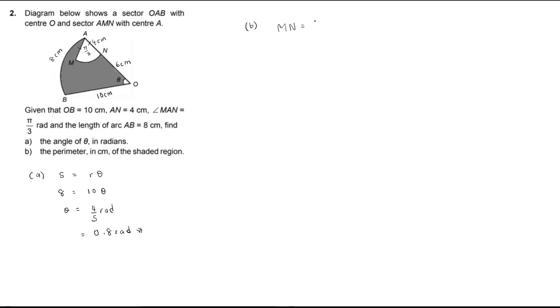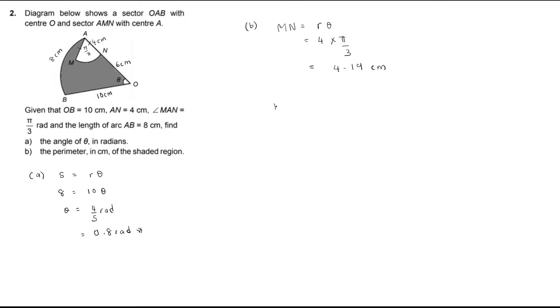We can use S equals r theta because MN is an arc length. The radius is 4 and theta is pi over 3, so the arc length is around 4.19 cm, taking 2 decimal places.